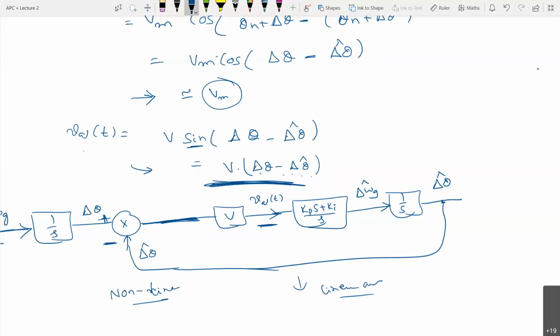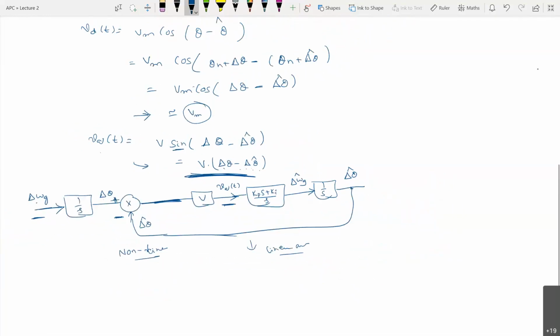From that you can actually draw its stability characteristics. Clear? Do you have any questions? Okay, I will cross check once again.